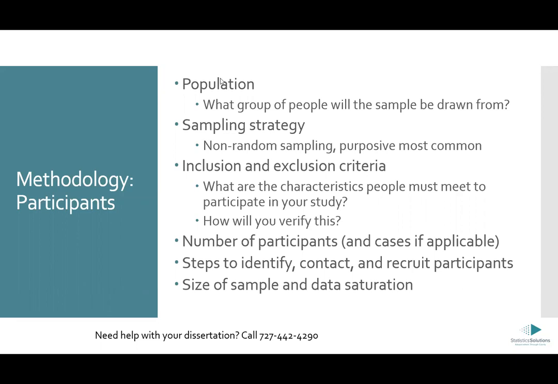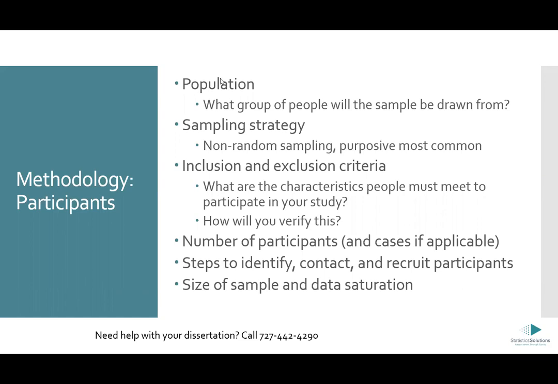If I wanted to collect data from a school, I may need to reach out to the principal and ask them for contact information for the teachers, or maybe I need to ask if they will distribute an email with information about my study, or if they will post a flyer in the staff room. If there's any permission that you need in order to go forward with your data collection, that should be outlined here as well.